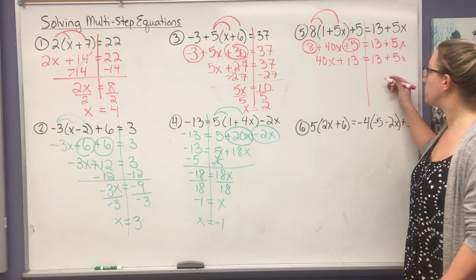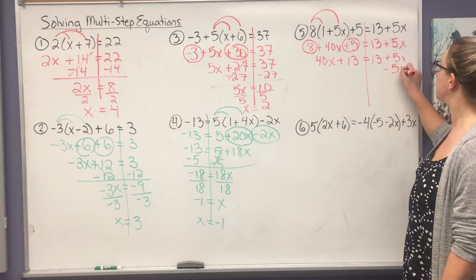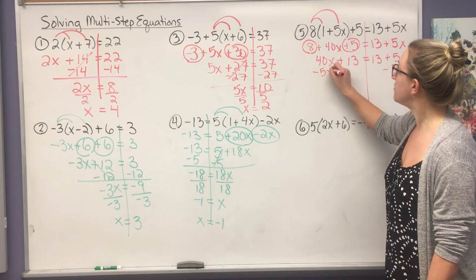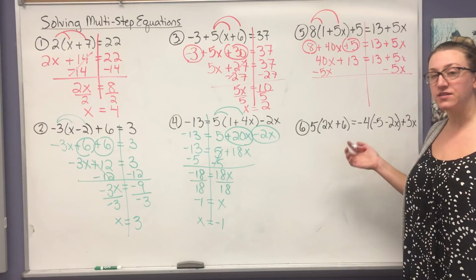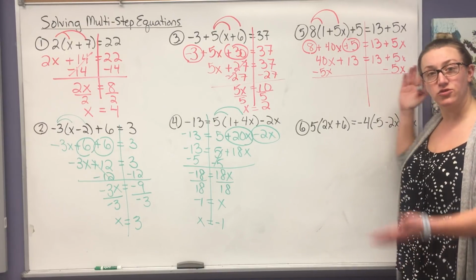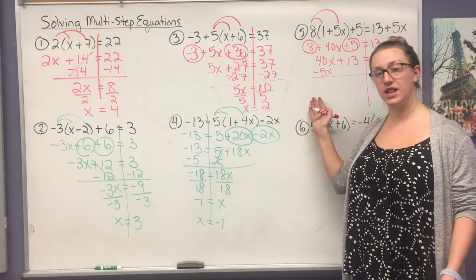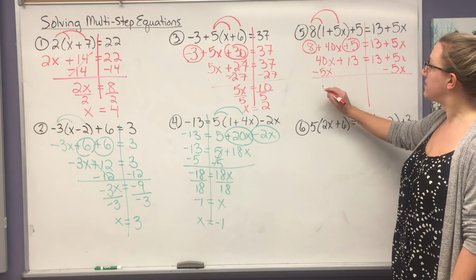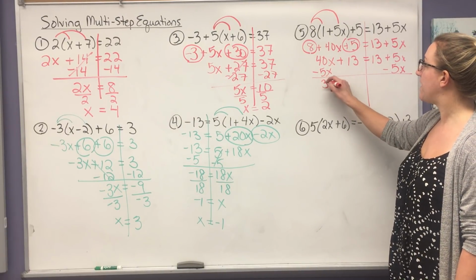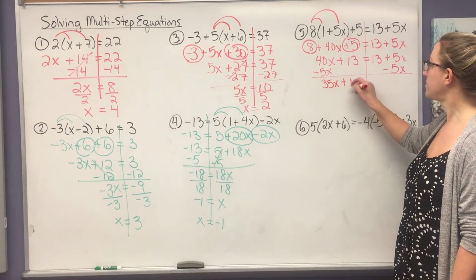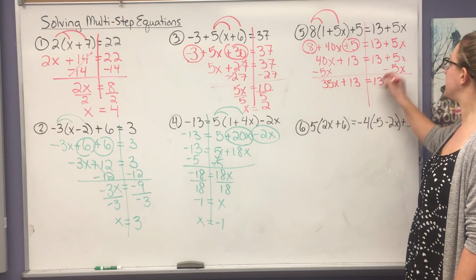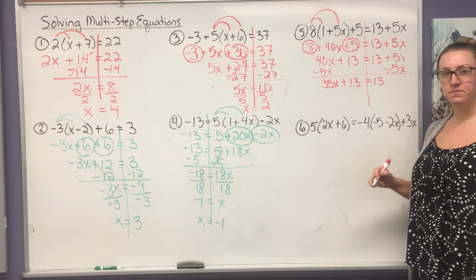So the inverse would be to subtract 5x. I'm allowed to do this because I am maintaining balance. I'm taking 5x's away from the right, so I'm allowed to take 5x's away from the left. 40x minus 5x is 35x. And of course, I bring down the rest of the information.